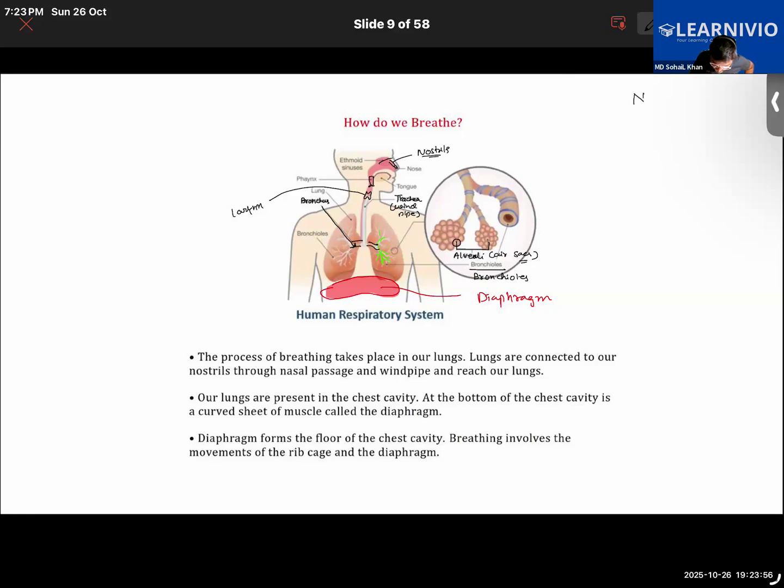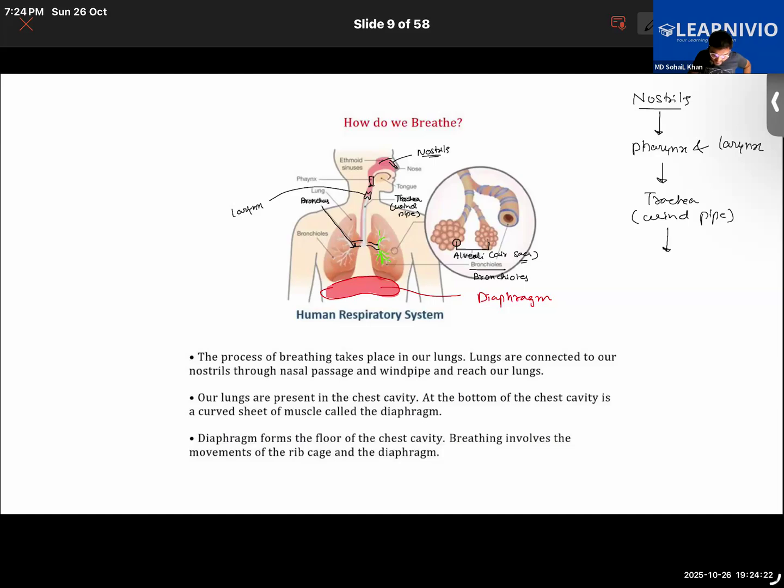So, first, we breathe in air via the nostrils. After the nostril, where does the air go? Through the pharynx and the larynx. Then it goes to the trachea. Trachea is simply the windpipe.